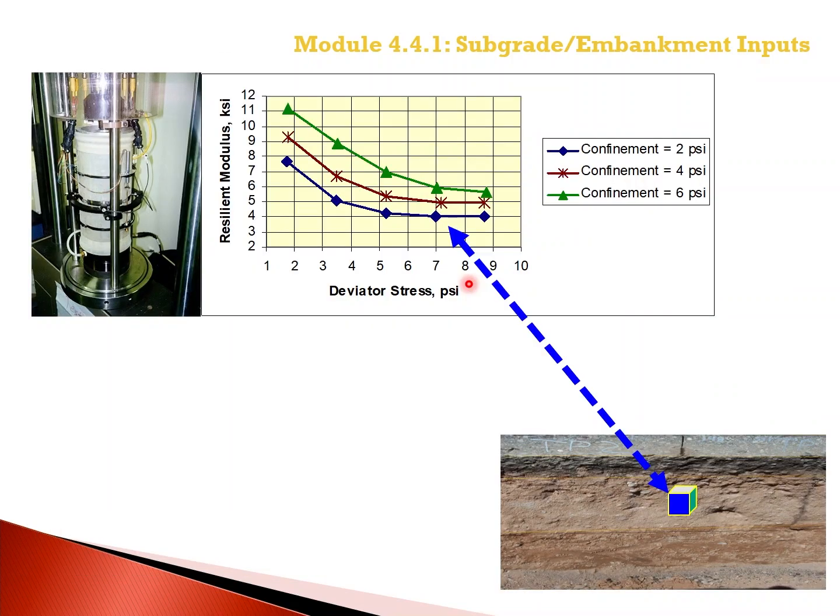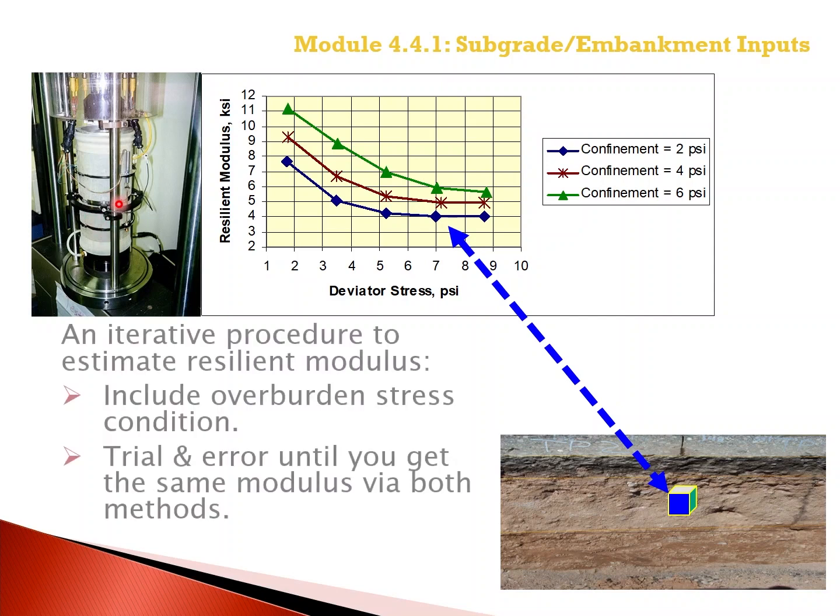So if the resilient modulus is measured in the laboratory, as noted on the previous slide, how do we equate the total stress state from the roadway to what is being measured in the laboratory? The procedure is an iterative procedure to match laboratory outcomes to the roadway.